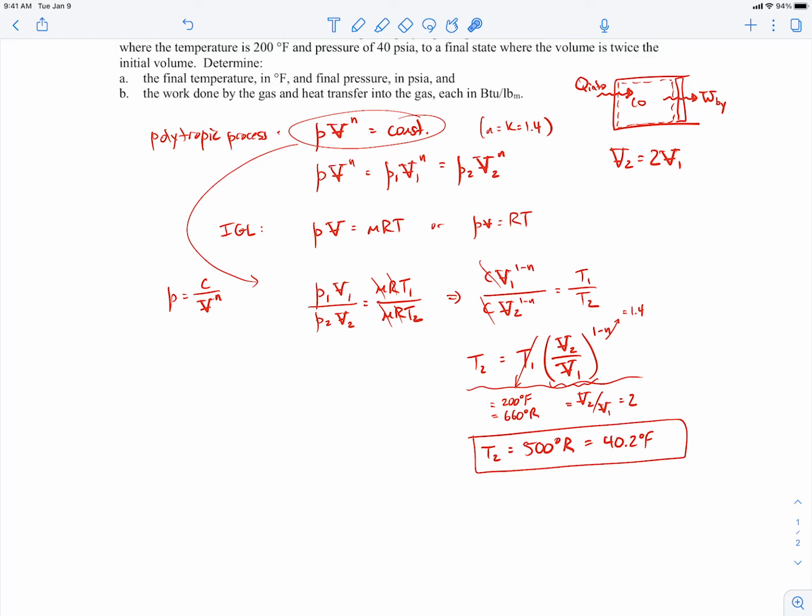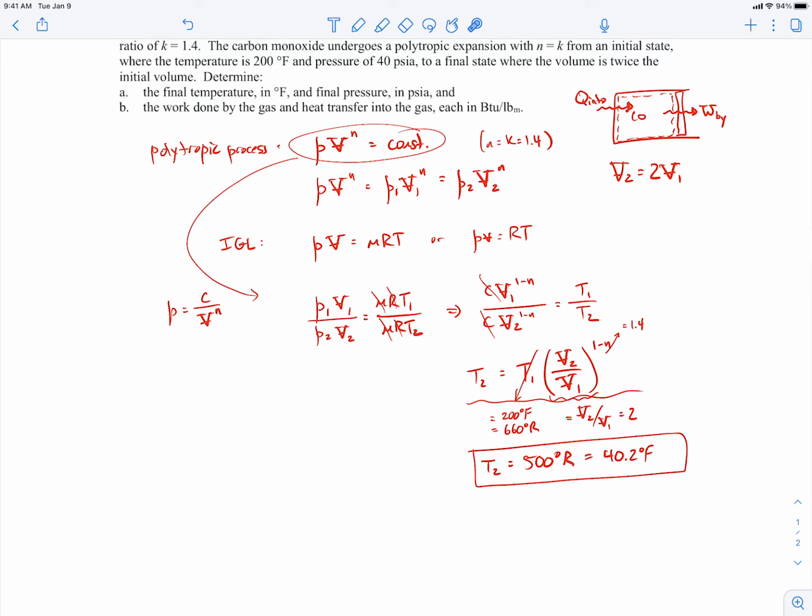Okay, now that I have the temperature, let me go ahead and calculate the final pressure. To find the final pressure, I'm just going to use this expression right here. This just comes from the polytropic process.